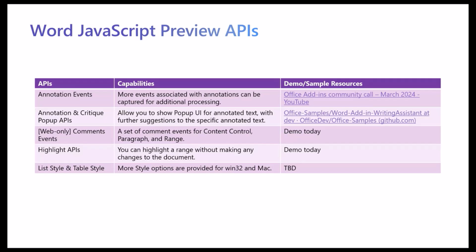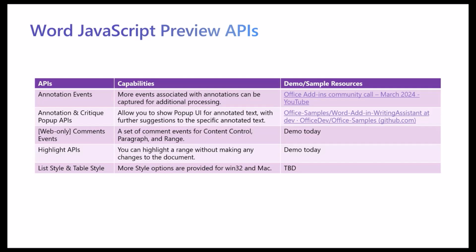Basically, those APIs in preview will be released in 1.8, and our intent is to ensure that the community is fully aware of these APIs in preview and knows where to find the existing demos and sample code, because we have done several demos and introductions in the previous monthly calls. We also have several samples in our GitHub repo, so we encourage developers to start exploring these preview APIs.